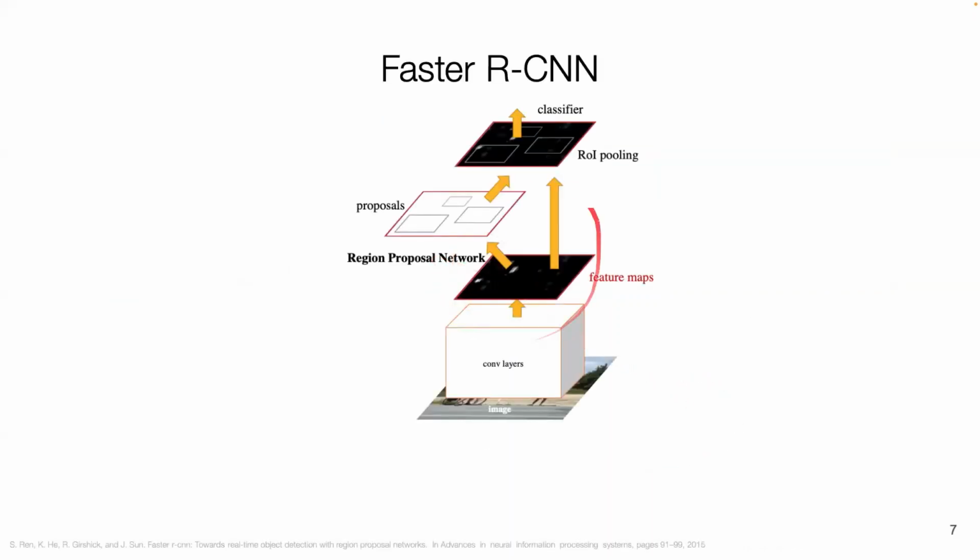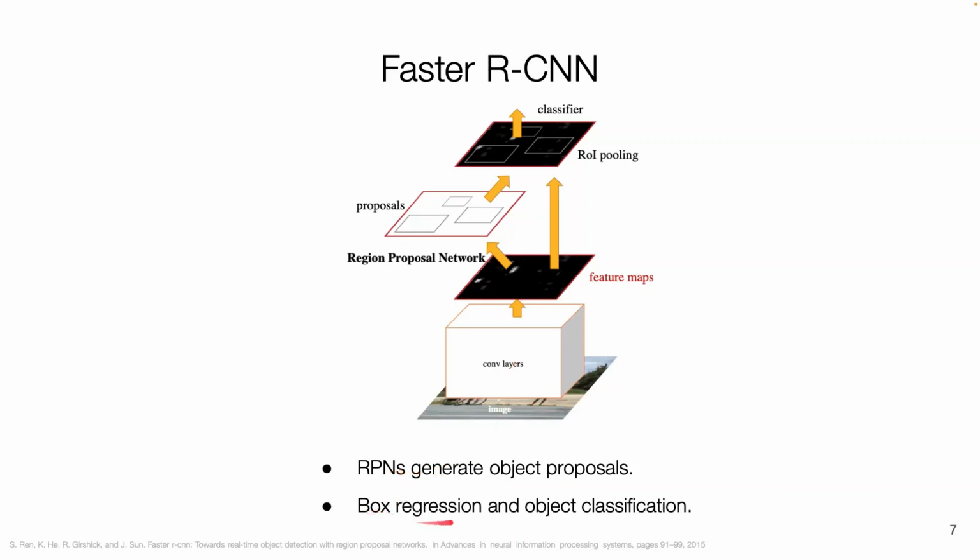In order to improve this, some methods have come out recently, including Faster R-CNN, which introduces the region proposal network, or an RPN, that generates object proposals from an image's feature map. These object proposals are then used for the box regression and object classification process and are used in pair with the feature maps.